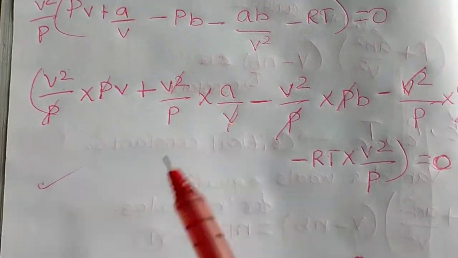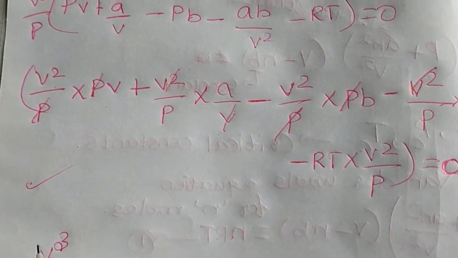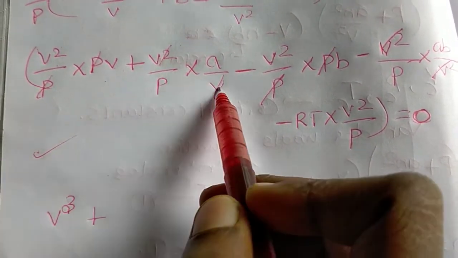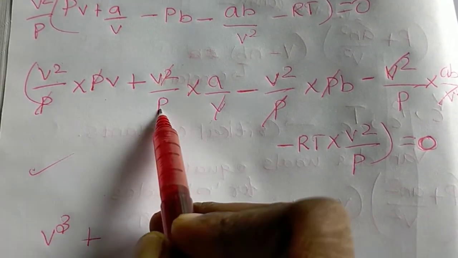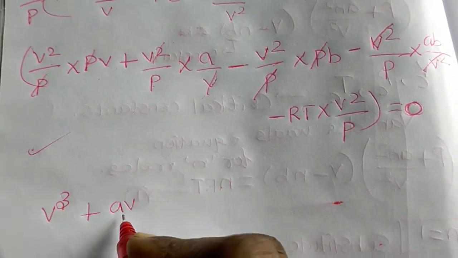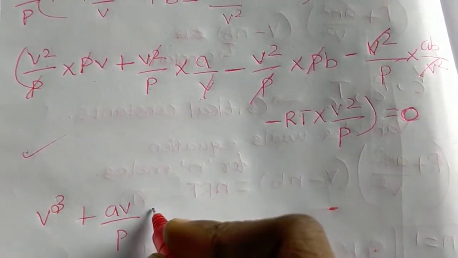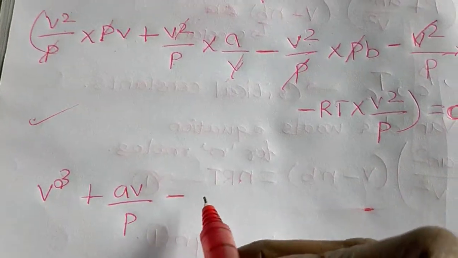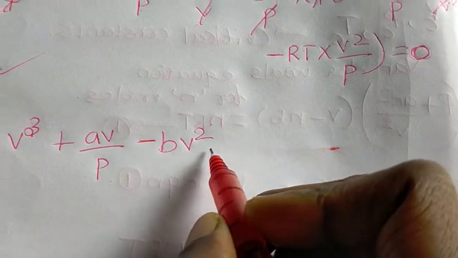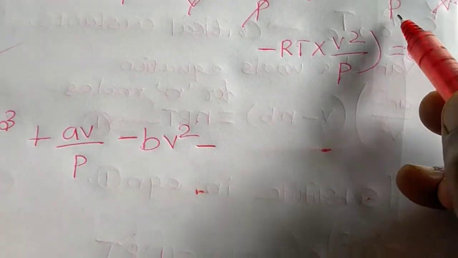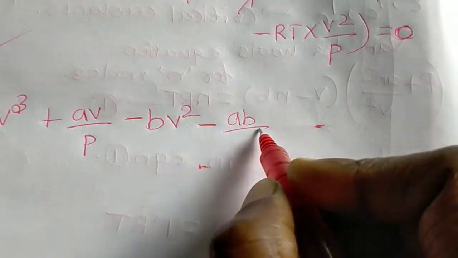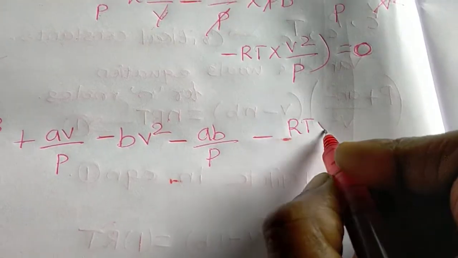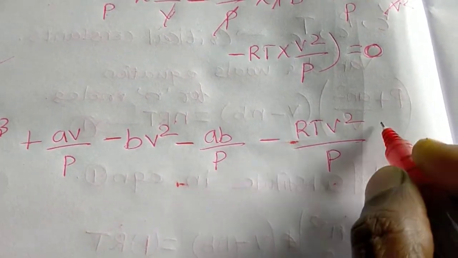Here v square into v, so it will become v cube. V square into v is v cube, plus a, one v cancels with another v, so it will become av divided by P. Then minus v square into b, then minus ab divided by P. Minus RT v square by P is equal to 0.